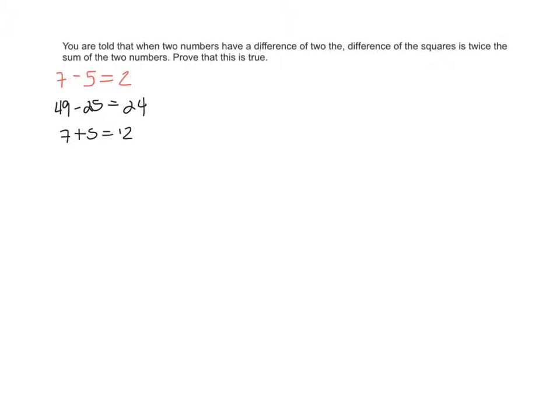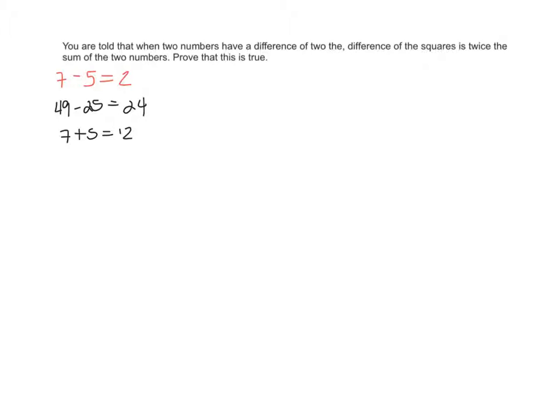So what they're saying is that when I square the two numbers and I subtract them, the answer I get is double the answer I would get if I were to add those two numbers, which is true because double 12 gives us 24. Well, I've just tried it out with numbers, but I haven't proven it, and it has to be proven algebraically. This is why this video is called algebraic proof. So let's prove it algebraically.